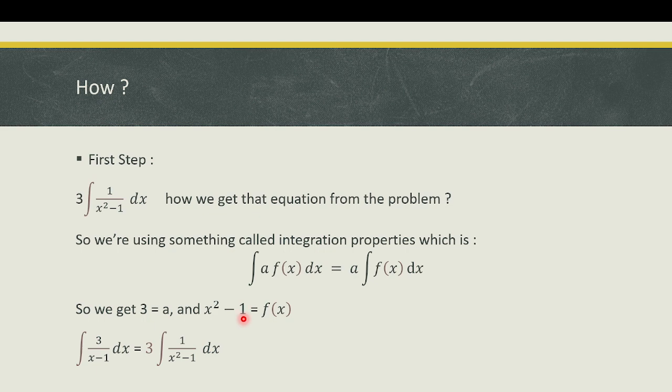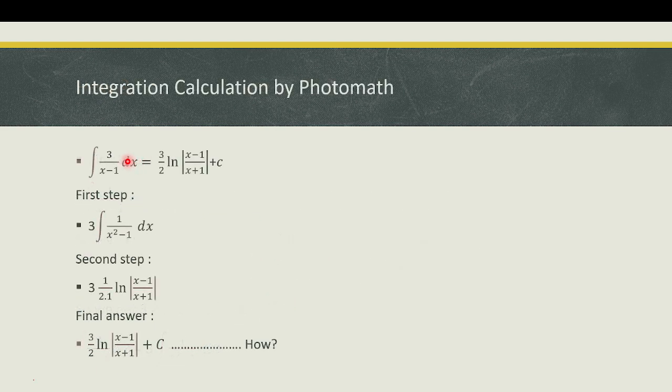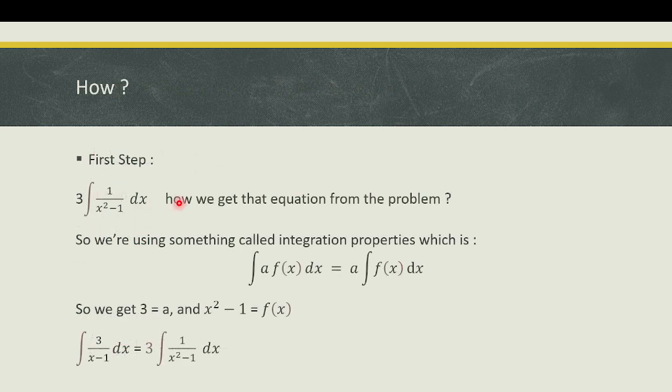So the first step. How we get this: the integral of 3 over x squared minus 1 dx is equal to 3 times the integral of 1 over x squared minus 1 dx. Here's why. We're using something called integration properties, which is the integral of a times f(x) dx is equal to a times the integral of f(x) dx.